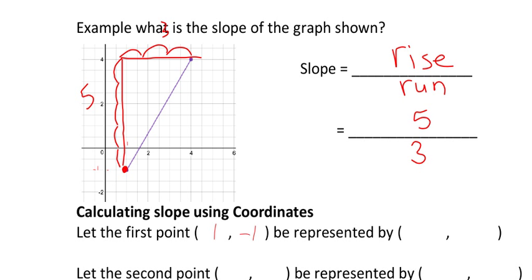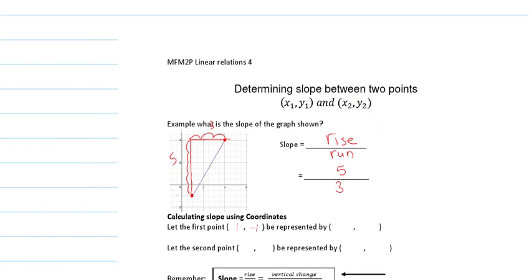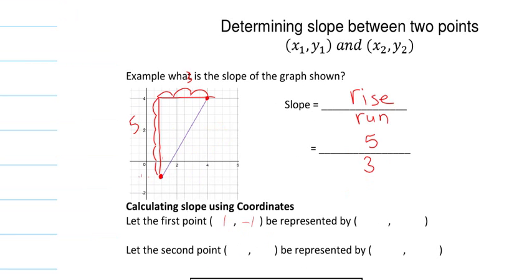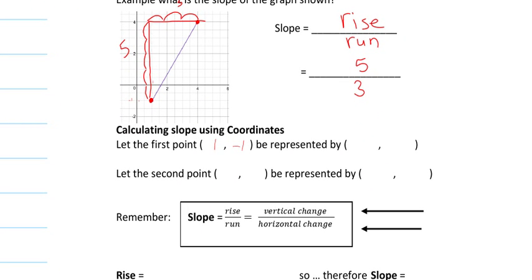Okay? Now how about the second point? How about this point right here? It's 4 and 4. Good. All right. So my first point, we're going to represent it with x1, y1.